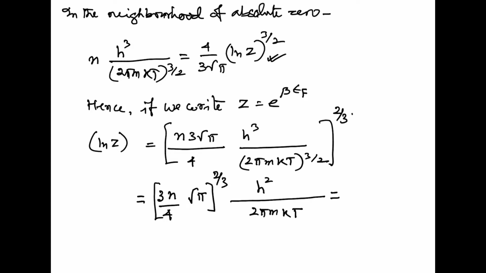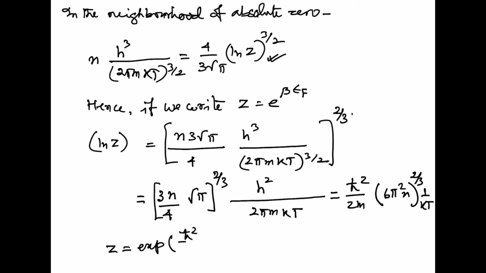On simplification, this will be h cross square by 2m, 6 pi square n to the power 2/3 divided by kT, where h cross is h by 2 pi, and that means z will be equal to exponential h cross square by 2m into 6 pi square n to the power 2/3 into beta.